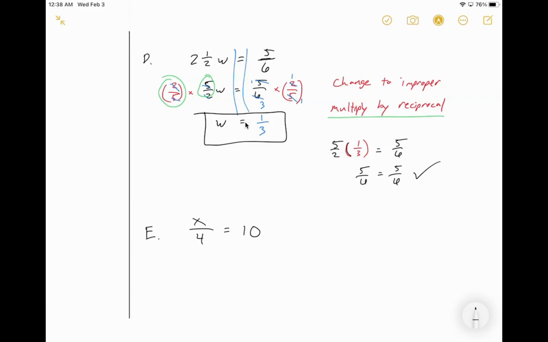But remember, this is what we did in your last lesson, where you would say, oh, I know what to do. I'm going to multiply by 4 here, right? Because this is dividing by 4. Well, you're really doing the same thing, multiplying by 4 over 1. So when you see a fraction or a division problem, they're similar, but I wouldn't necessarily say reciprocal on this one. This one, I would just want those 4s to cancel out, and I would get x is equal to 40.